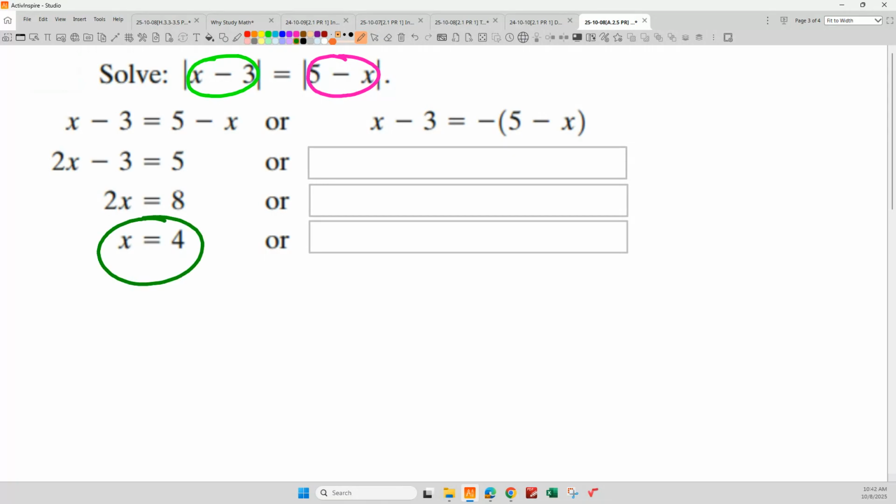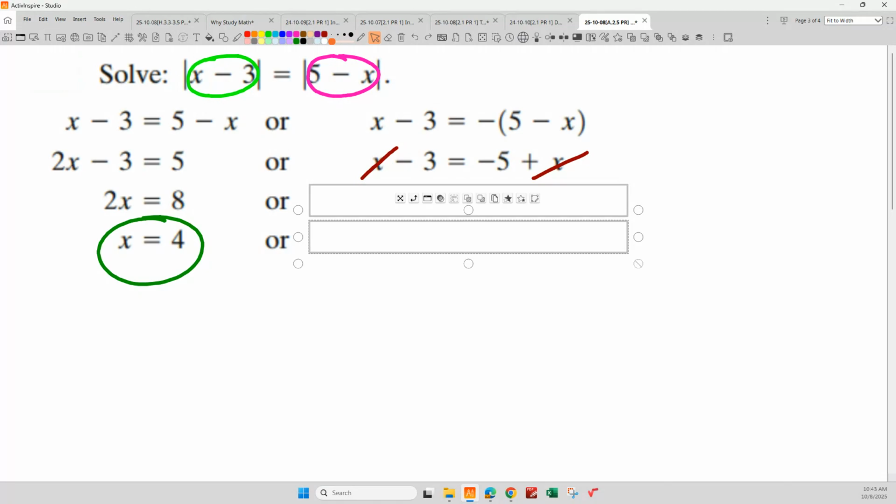What about over here? If I distribute the negative, don't I just get that? If I subtract x from both sides, well, look what happens. The x's go away, right? And if the x's go away, then I'm left with no x's, but I have the equation negative 3 equals negative 5. Is that true or false? Okay, so what are the math gods telling us?